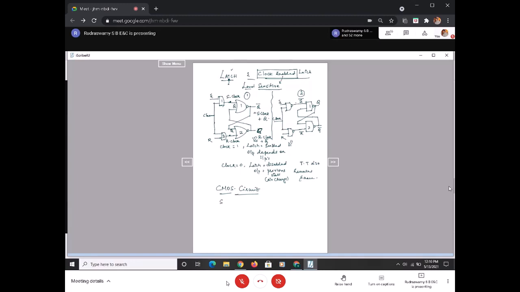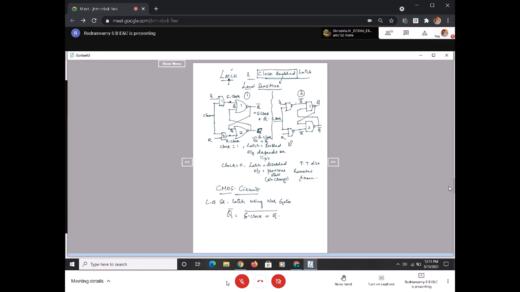So for the clock enabled SR latch using NOR gates, I have Q bar as S times clock ORed with Q. Sorry, it is NOR, right?